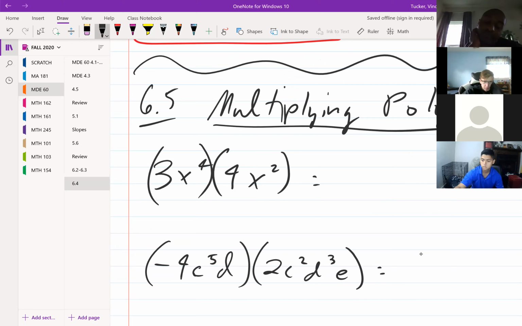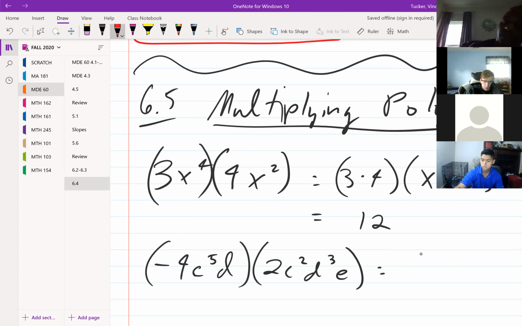All right, so multiplying your polynomials, even if you don't write it out, this is how we should be processing it. So you do 3 times 4, and then x to the 4 times x to the second. 3 times 4 is 12, and then don't forget, whenever you're multiplying like bases, you add your exponents. So that'd be x to the 6.